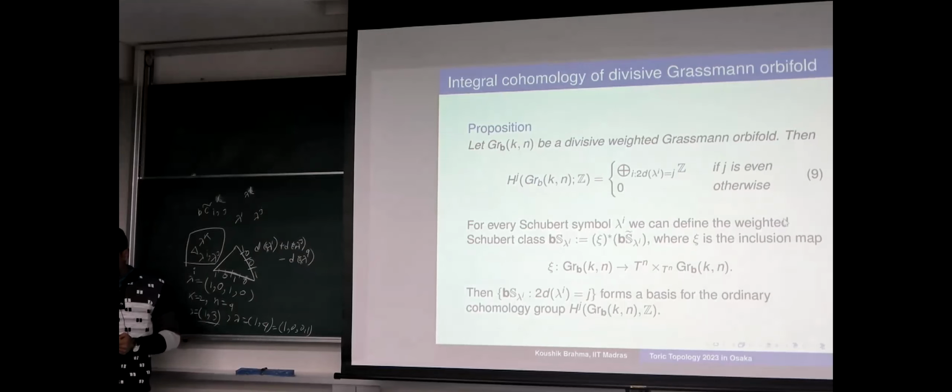Then we will take a basis for this ordinary cohomology group. We will take the basis bs lambda i such that 2 times d lambda i is j, that is a basis for the cohomology group Hj(Gr_{b,k,n}; Z).